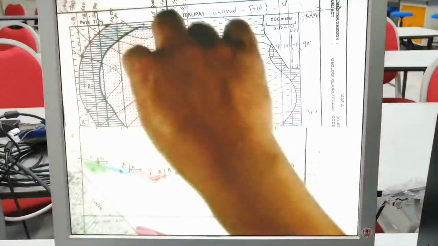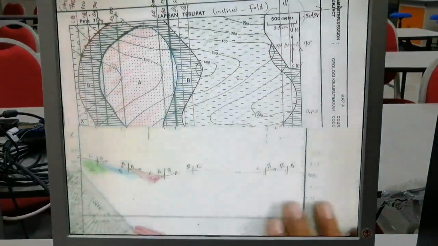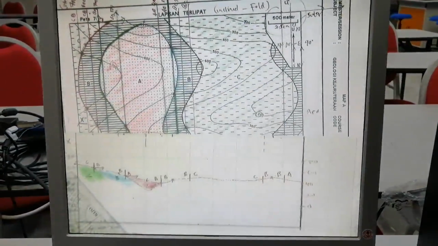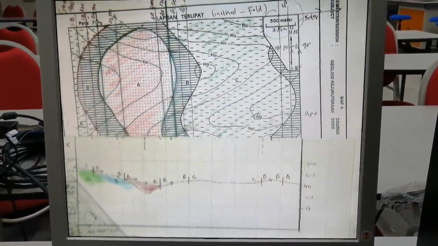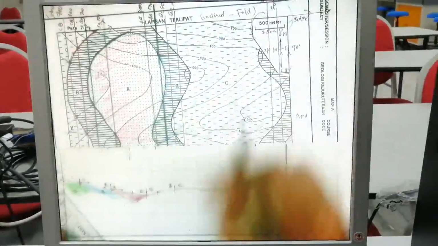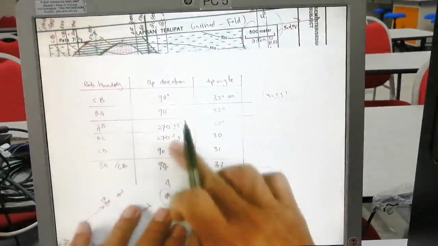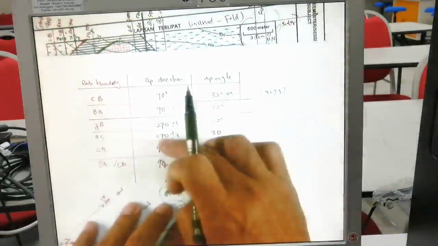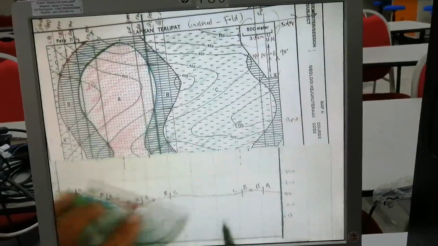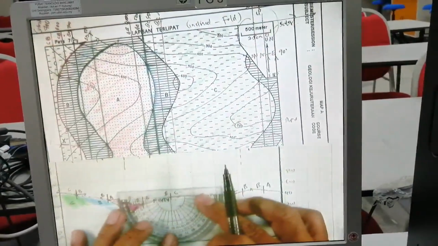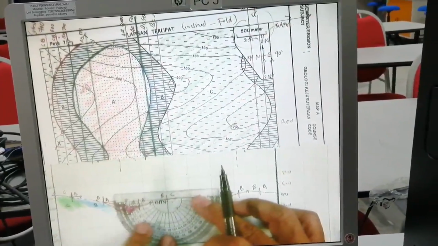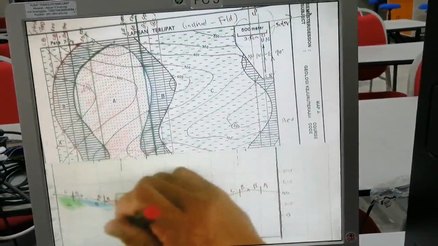So what you see here are the positions. So BC, again BC is dipping toward the east. Again check BC to the west, sorry, 270 to west. Okay, again make it horizontal, 52 degrees here.